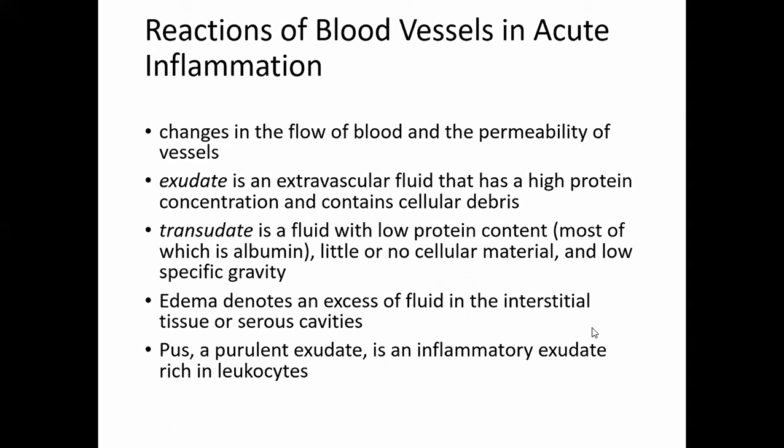And then also edema, due to excess fluid in the interstitial tissues or the serous cavities. And then the formation of pus or a purulent exudate. So this is an inflammatory exudate rich in leukocytes, mostly neutrophils. And then the debris of dead cells, and in many cases, microbes are also present in purulent exudate.